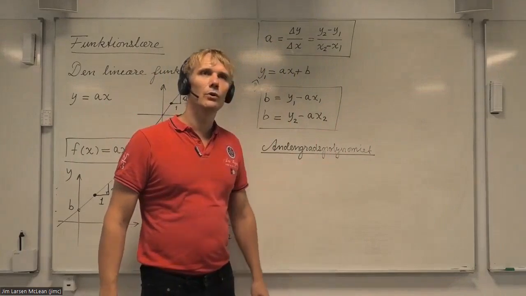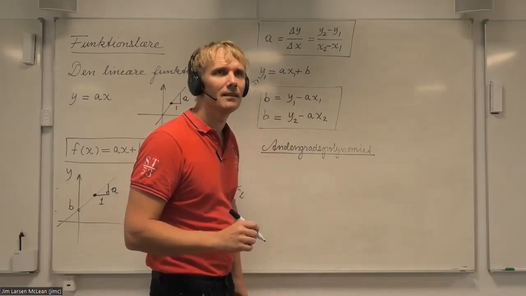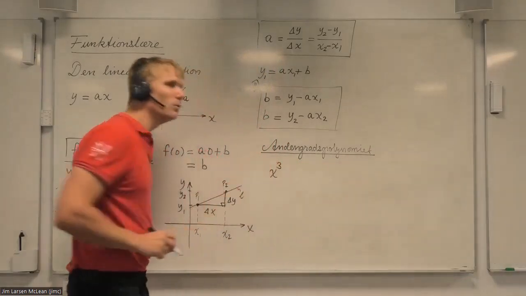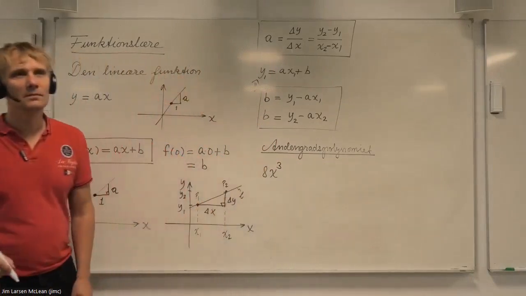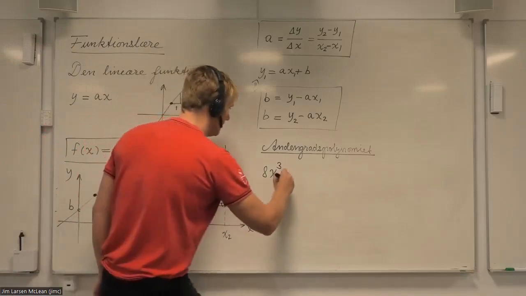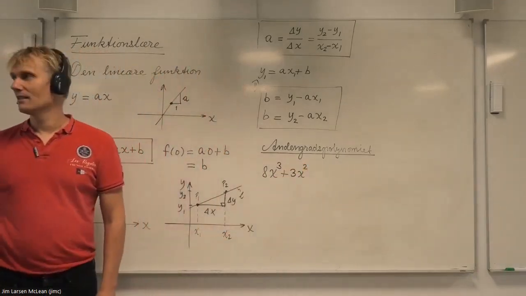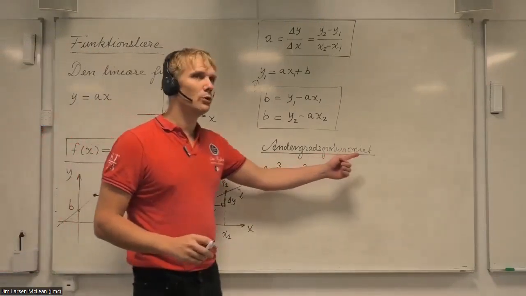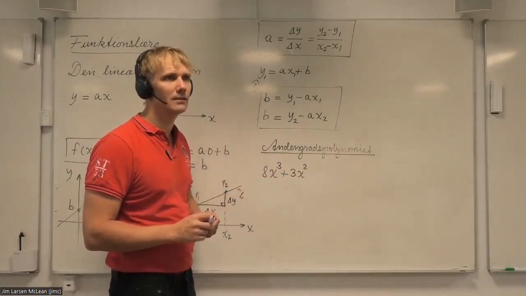So that means a polynomial is something with many terms. A monomial is something with only one, and mono means one. So this is a monomial. This is a monomial. This is also a monomial. But this is a polynomial, and it's actually a third degree polynomial. And now there is something called a second degree polynomial, which is when the highest exponent on x is 2.